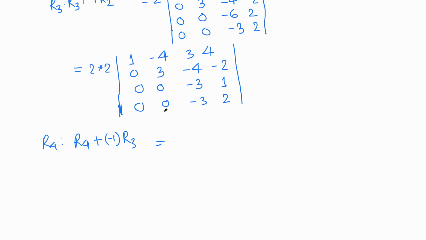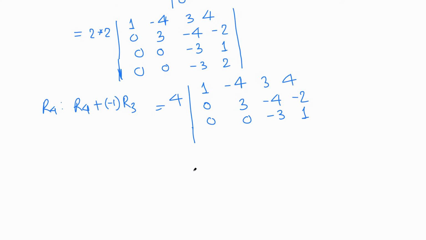We got 2 times 2, 4 outside: 1, -4, 3, 4; 0, 3, -4, -2; 0, 0, -3, 1; and then 0, 0, -3 plus 3, 0, 1 plus -1, just 1.